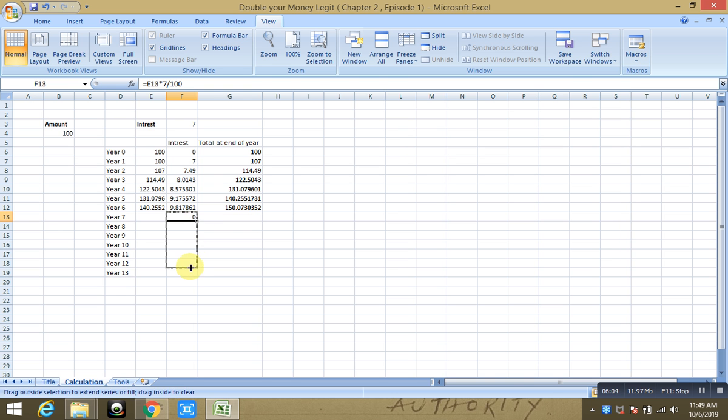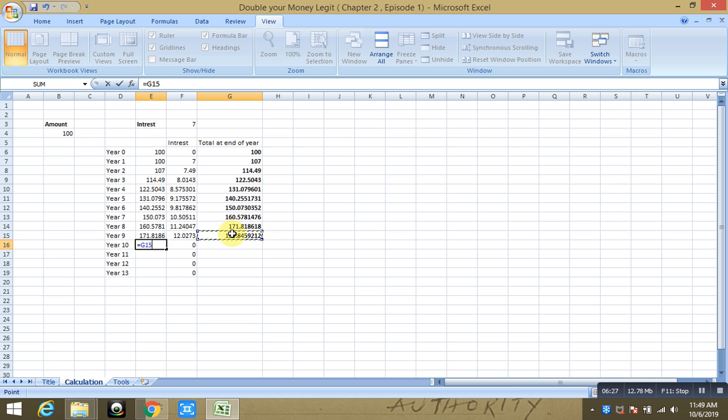So at the end of year 7 we have 160. At the end of year 8 we have 171. At the end of year 9 we have 183. At the end of year 10 we have 196, which is almost double. And at the end of year 11 we will have 210, which is more than double.